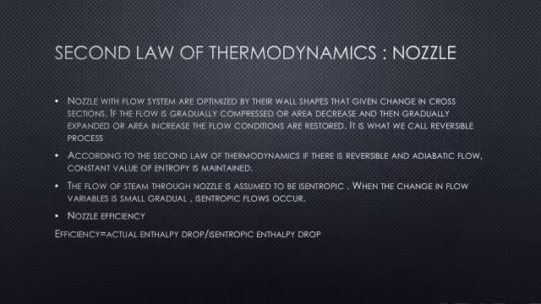According to the second law of thermodynamics, if there is reversible and adiabatic flow, constant value of entropy is maintained. The flow of steam through nozzle is assumed to be isentropic when the change in flow variable is more gradual. Isentropic flow occurs. Nozzle efficiency equals actual enthalpy drop per isentropic enthalpy drop.